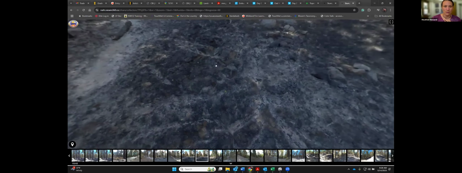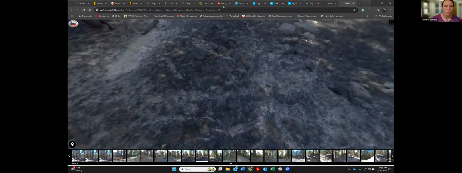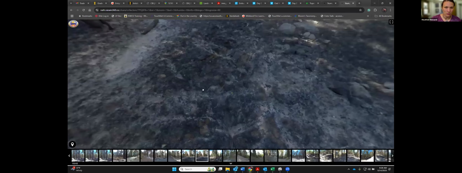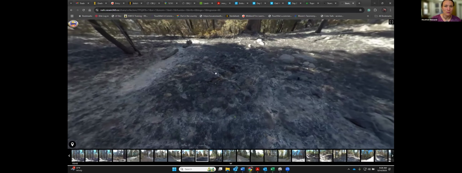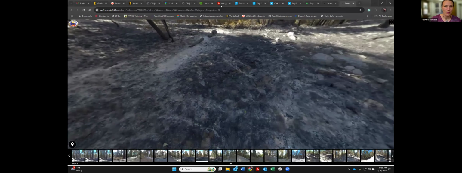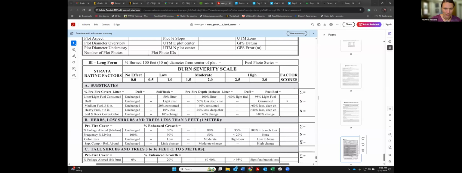So what do we think for the index for duff? So 50% loss, deep char, 2, 2. Okay, so we're feeling like we're at a 2. So we put a 2 there.